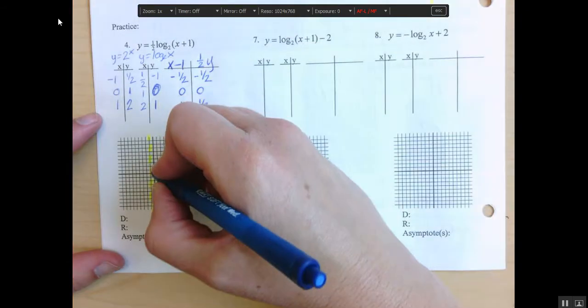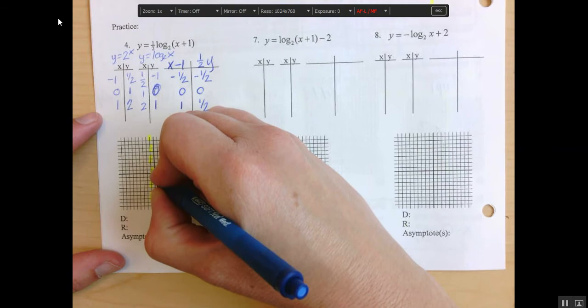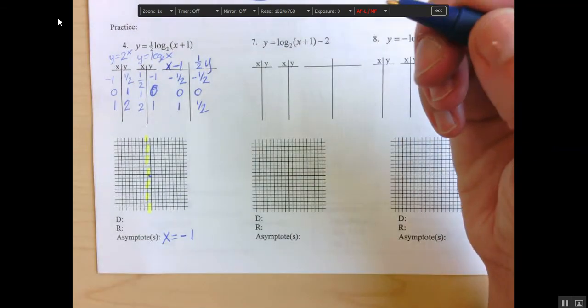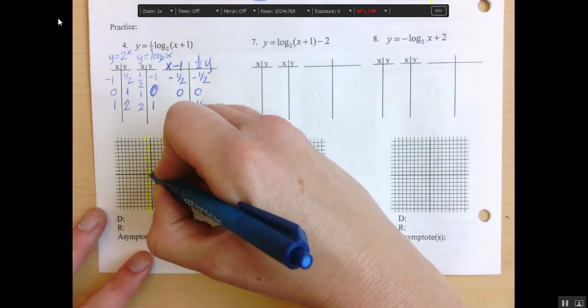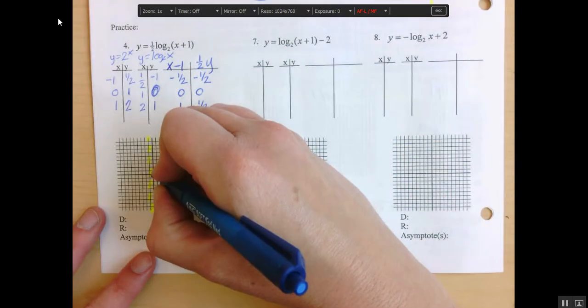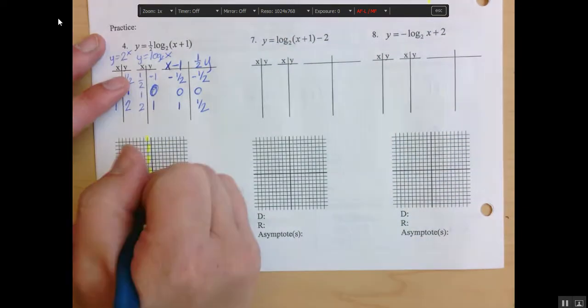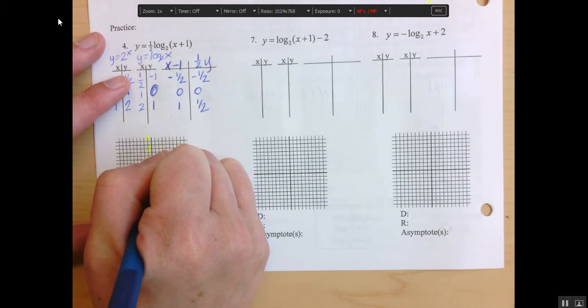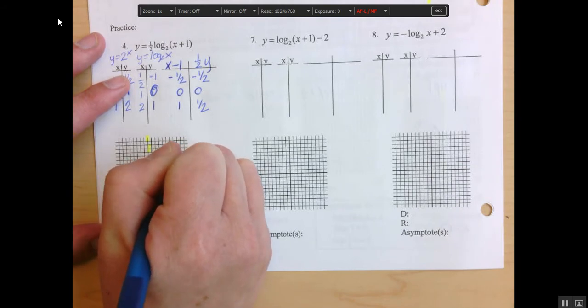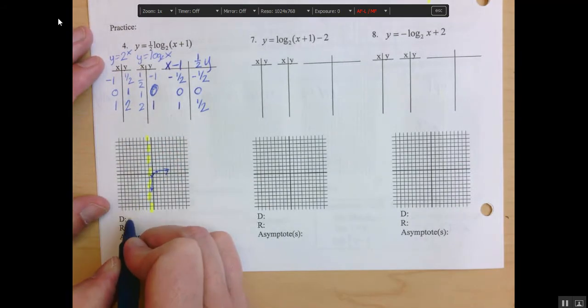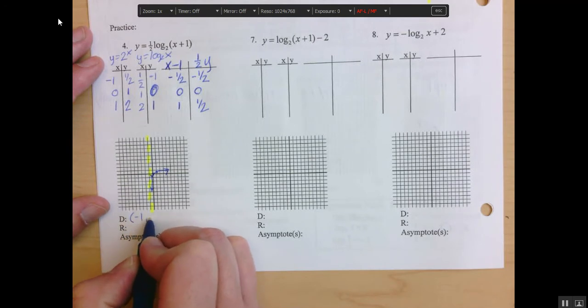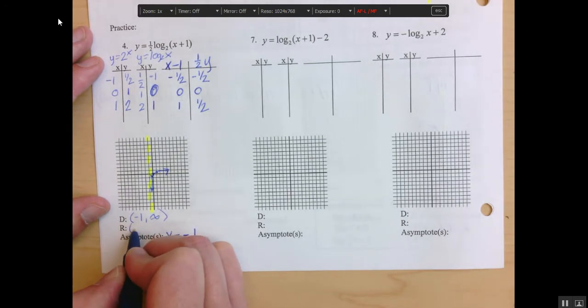And graph your points. -1/2, -1/2 is like in the middle of the box. 0, 0, and 1, 1/2. They're very close together, so you could have added another point there if you wanted. Your domain starts after -1, and your range is all real numbers.